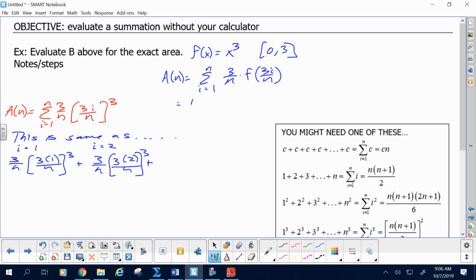Okay? And then eventually, I would keep doing this. Remember the summation just says start by plugging in 1 into the function, calculate. Then plug 2 into the function for i, calculate. Keep plugging stuff in until you get to the last thing in, which this tells you is the last i in. And that would mean that you end with i equals n going in.